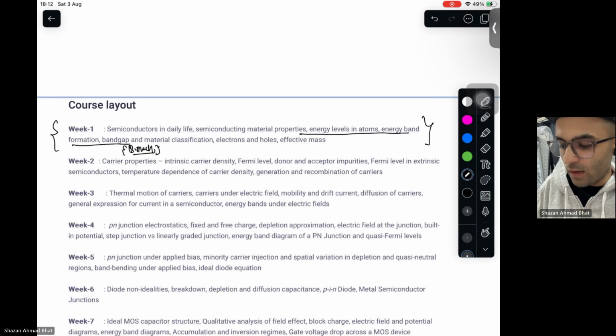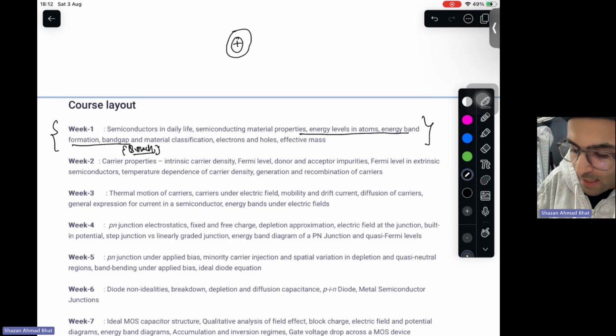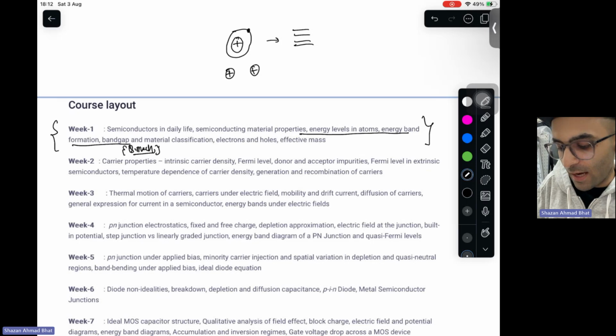So you might have studied an atomic picture, and if you solve the Schrodinger equation for that, you get discretized energy levels. Then you combine two atoms, and it makes a molecule. Then you see that those energy levels behave differently when we solve the Schrodinger equation.